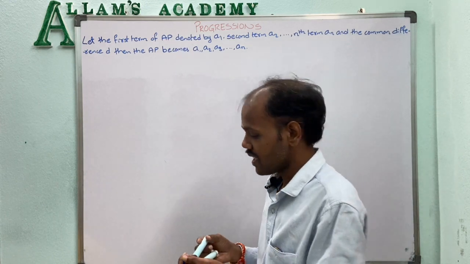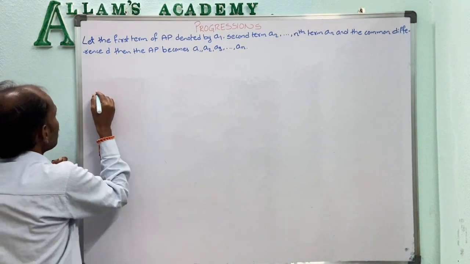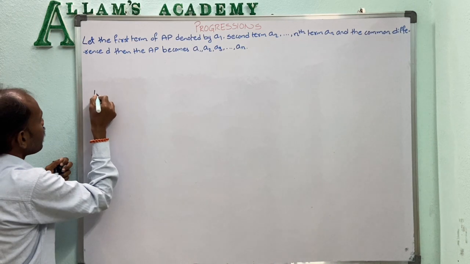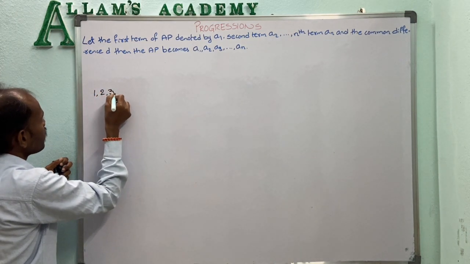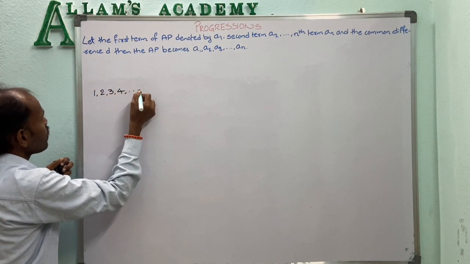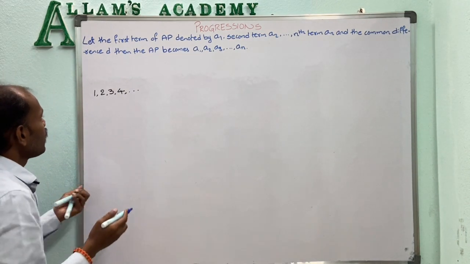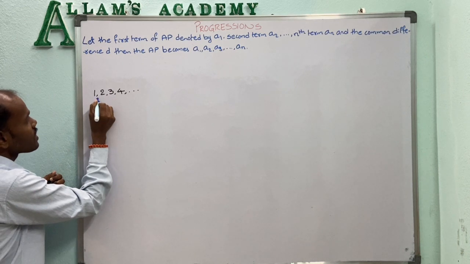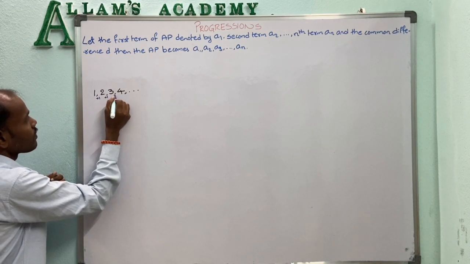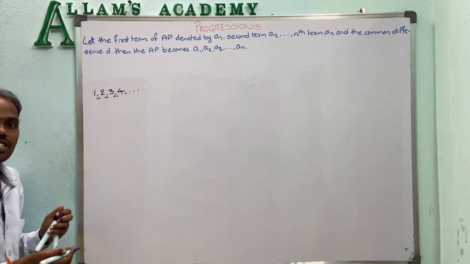Before we see an example, take the arithmetic series 1, 2, 3, 4, and so on. In this series we add a fixed term, 1, to the preceding term to get the next term.